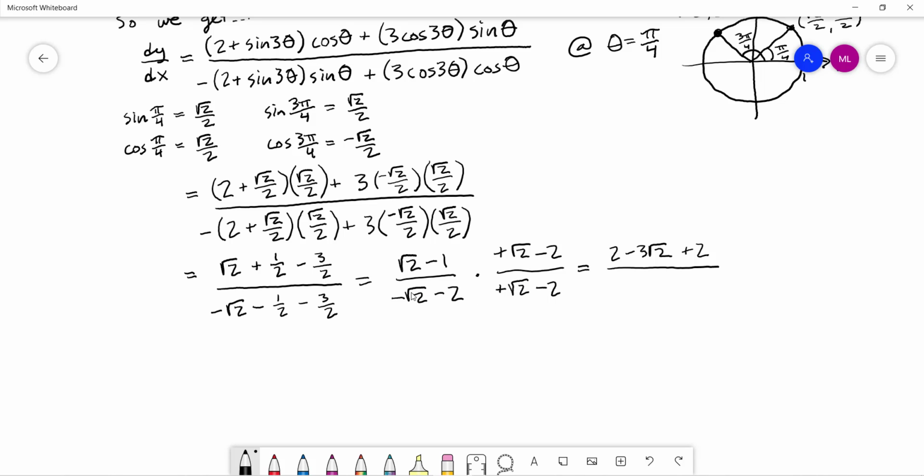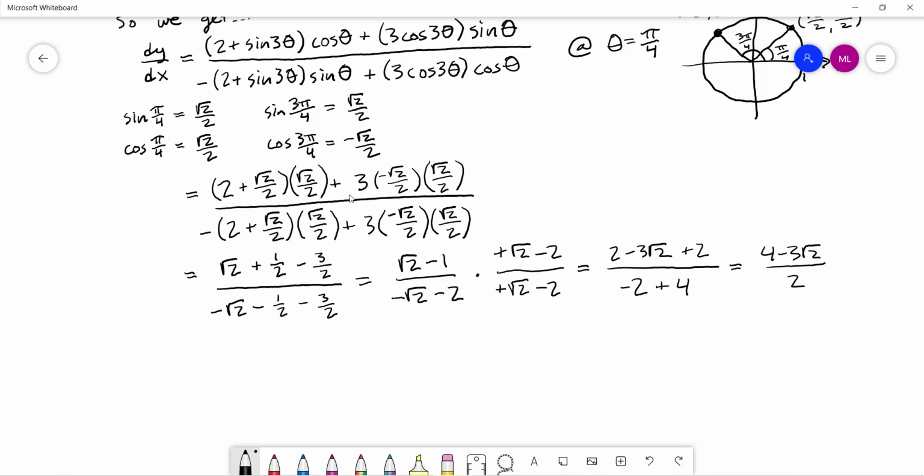So this times this will be a negative 2. This times this will give me positive 2 root 2. This times this will give me a negative 2 root 2. Those will cancel exactly as we'd hoped. And then negative 2 times negative 2 is plus 4. And so when it's all said and done, we get 4 minus 3 root 2 over, what, 2? And there is our slope.